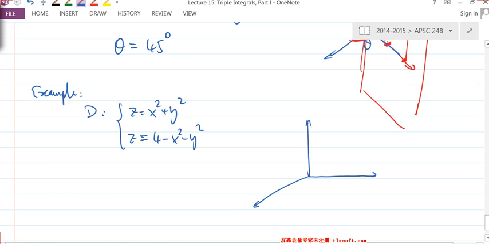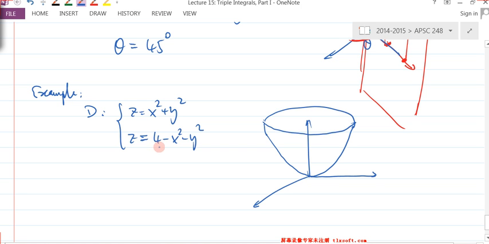We actually have seen the two kinds of surfaces already. So z equal to x squared plus y squared, and remember what do we call that? We call that a paraboloid, right? So it's a paraboloid here.